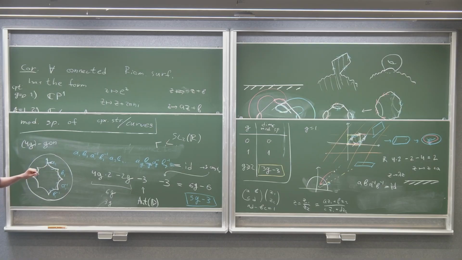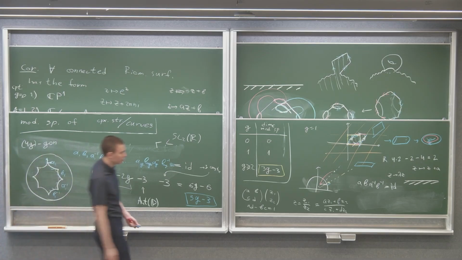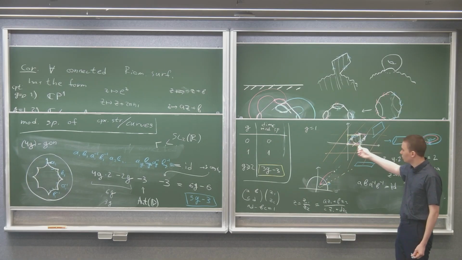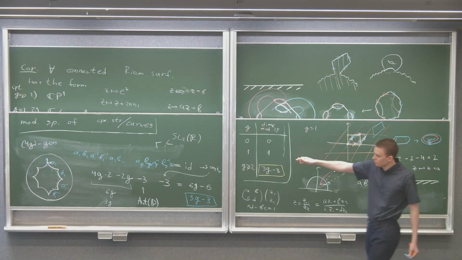If you try to glue it on a plane, you will always end up with a conic singularity, which is also easy to track, but it's definitely not a smooth manifold. So if you want to get a smooth manifold, you need to do it on a hyperbolic half plane or a disk.